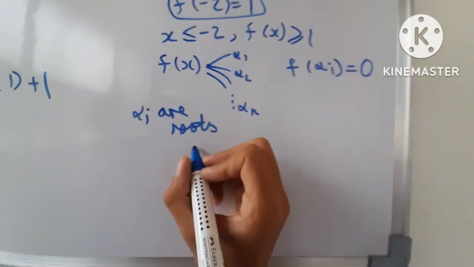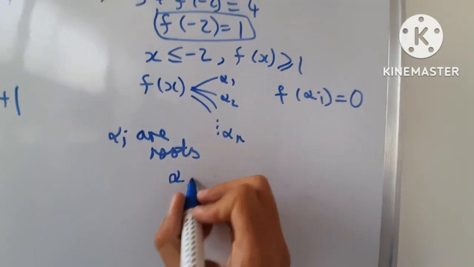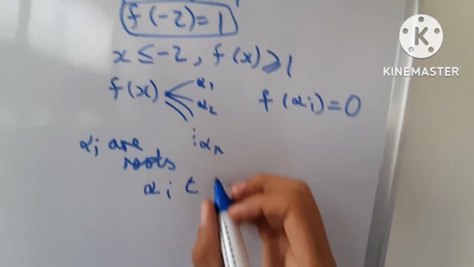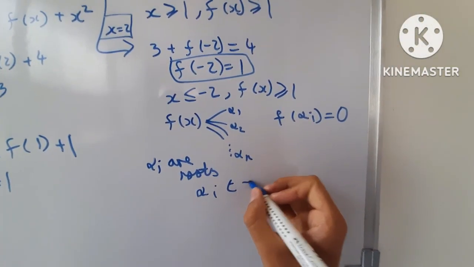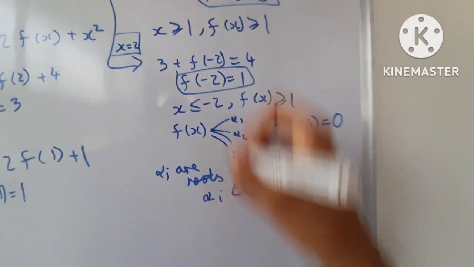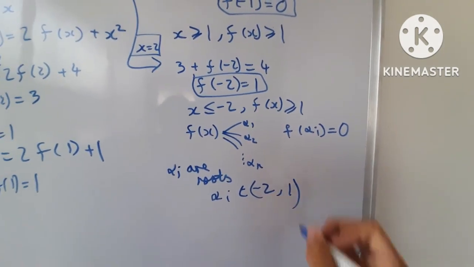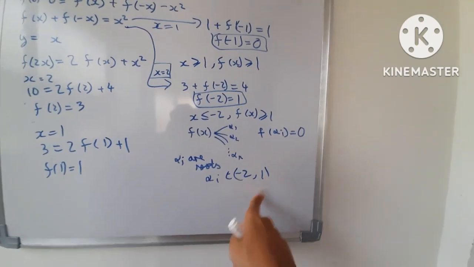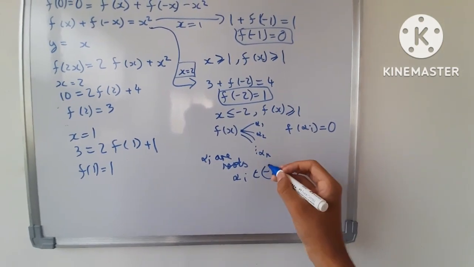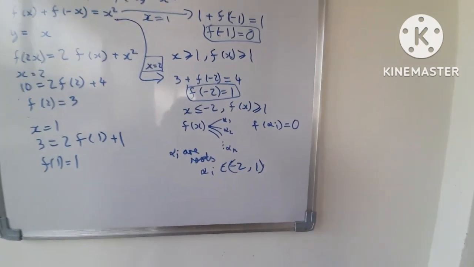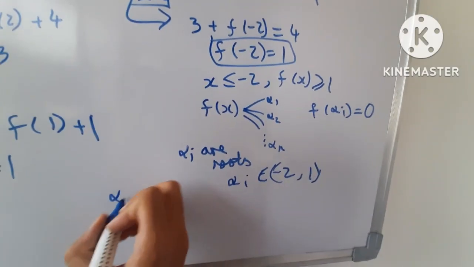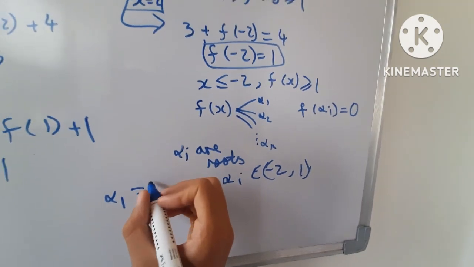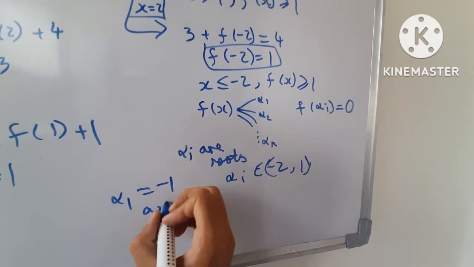So what we notice is that alpha_i always lies between, so it cannot be equal to negative 2, and it can't be equal to 1 either. Notice that for integers, the only values that are left are -1 and 0. That's two roots. We have alpha 1 equals -1, alpha 2 equals 0.